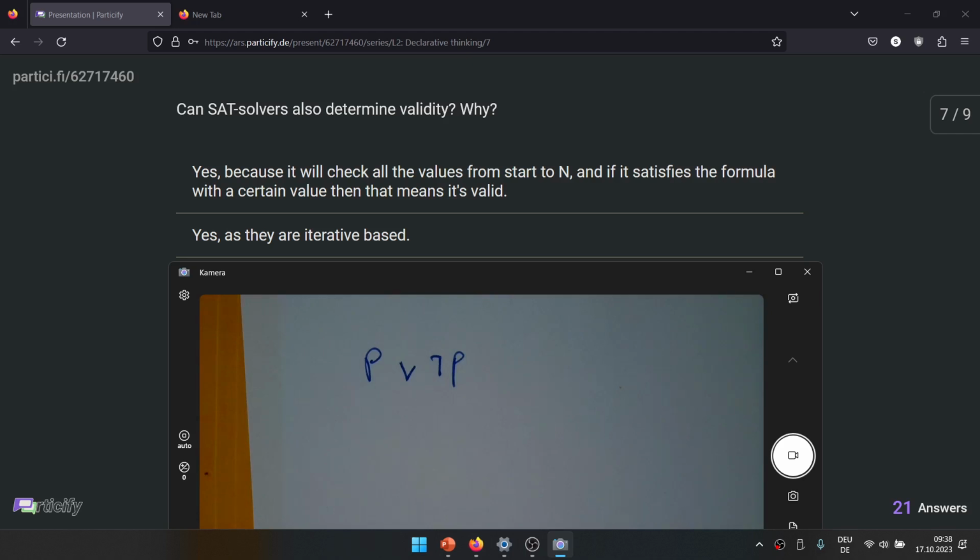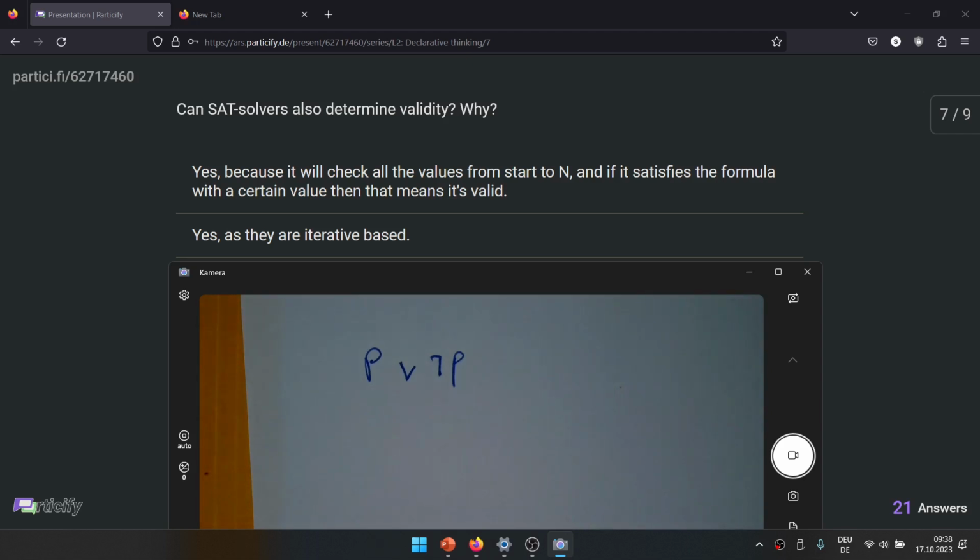If we have one variable, it's just two combinations, right? If we have two variables, how many? 4. If we have 3 variables, how many? 8. If we have 4 variables, 16. If we have 5, if we have 10, 1024. Because it's 2 to the power of the number of variables.